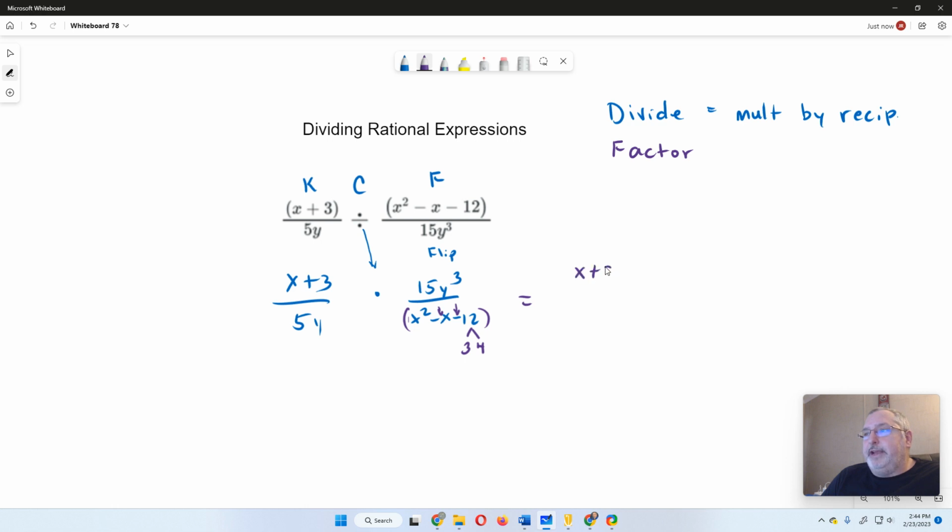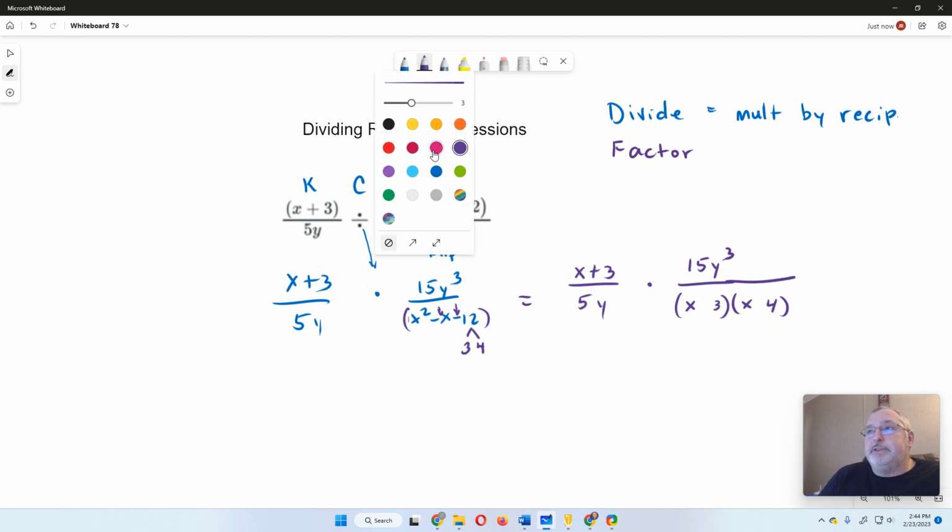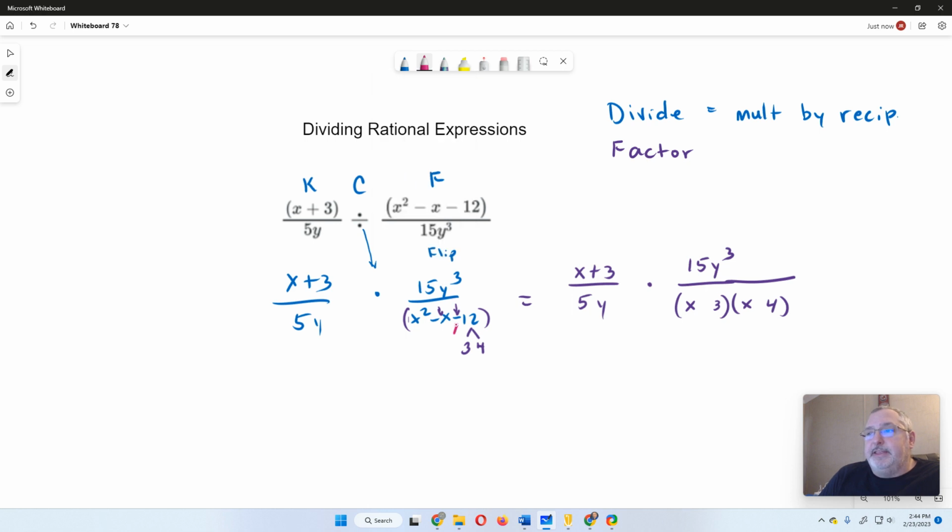And remember, we want to write everything down as we go so we don't forget anything. We got 15y cubed over, and then we've got an x with a 3, an x with a 4. Then remember, the other part of this rule is to look at the signs. This sign tells me if I have a positive and a negative sign, or if I have two of the same sign.